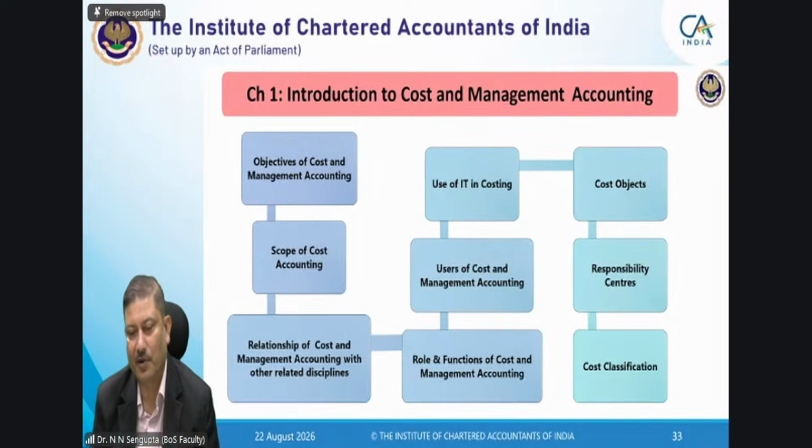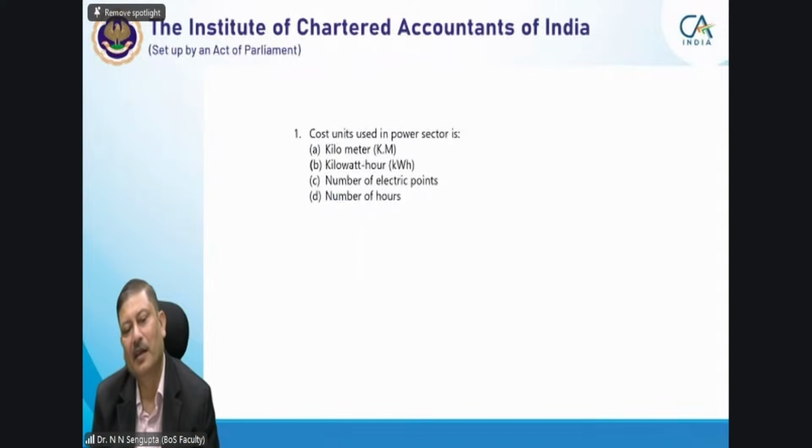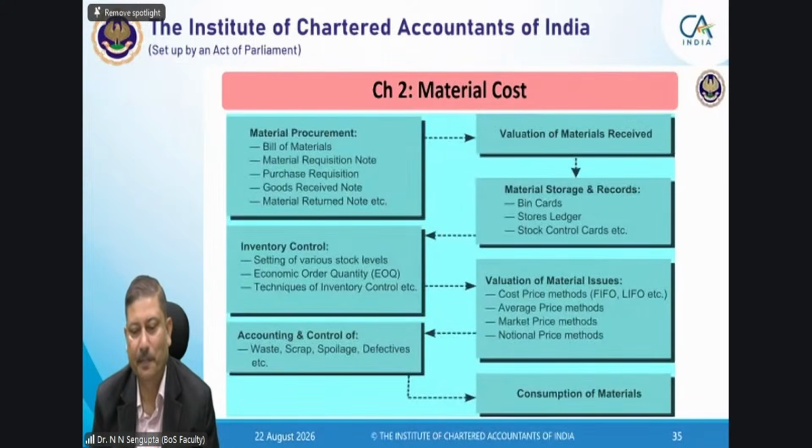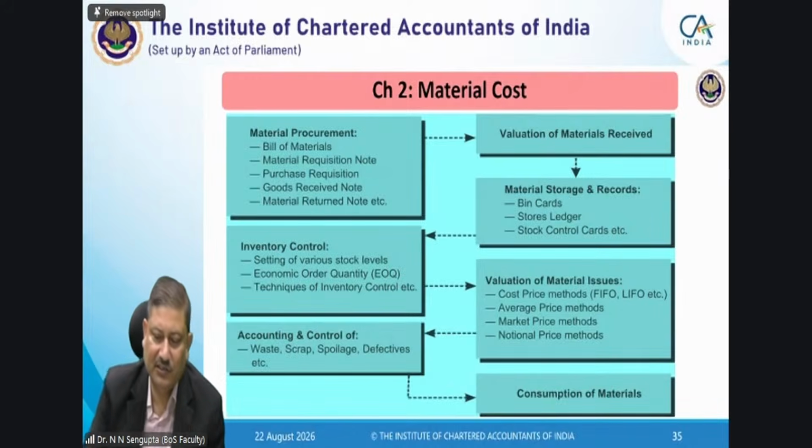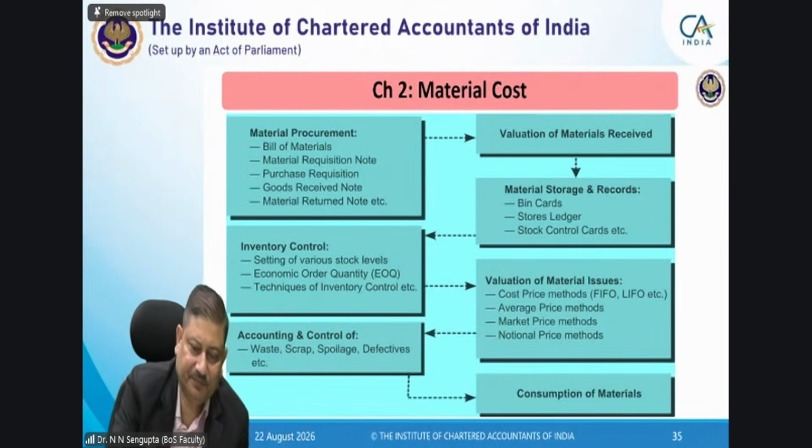These are all part of it. And this is another question: the cost unit used in the power sector is obviously kWh. And now in the second chapter, I told you what is there, but let me focus on the numerical part.